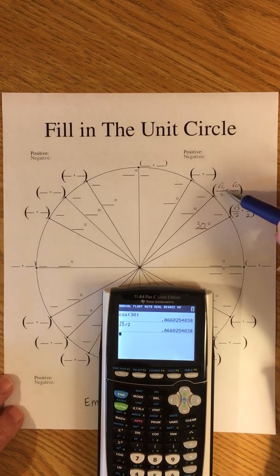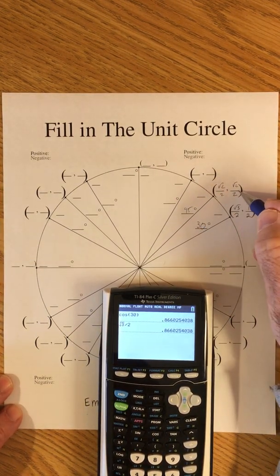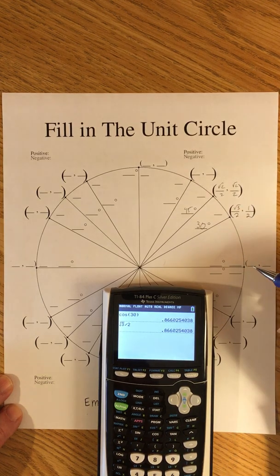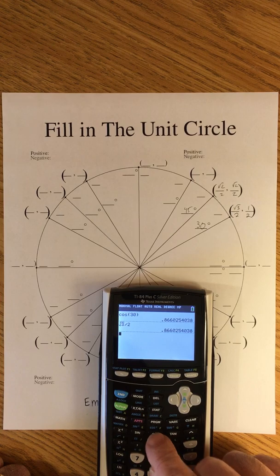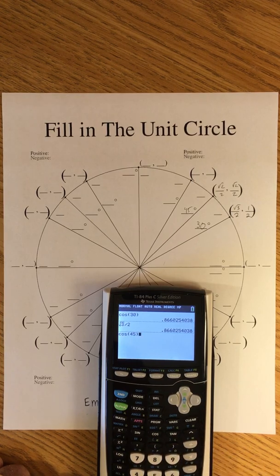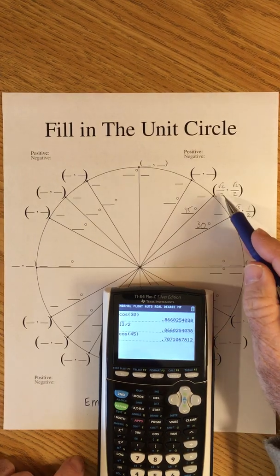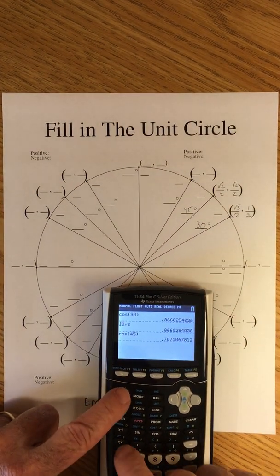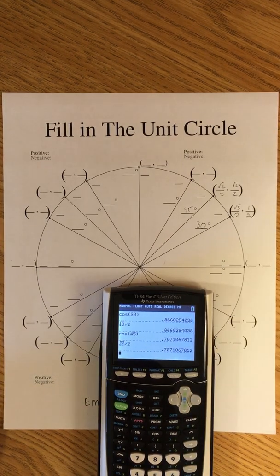What this means is the cosine of 45 degrees is square root of 2 over 2, and the sine of 45 degrees is square root of 2 over 2. Okay, let's check that out. Cosine 45 degrees, square root of 2 over 2, that's 0.707. We need to confirm that square root of 2 divided by 2 is 0.707.